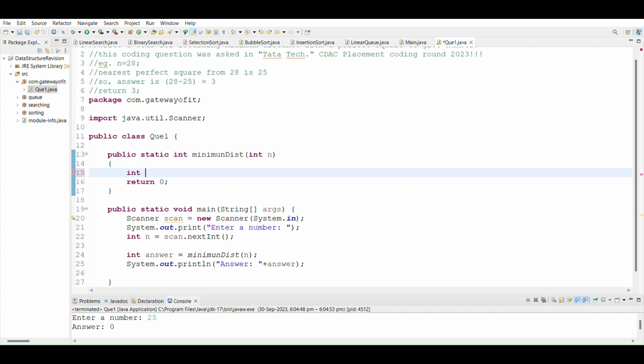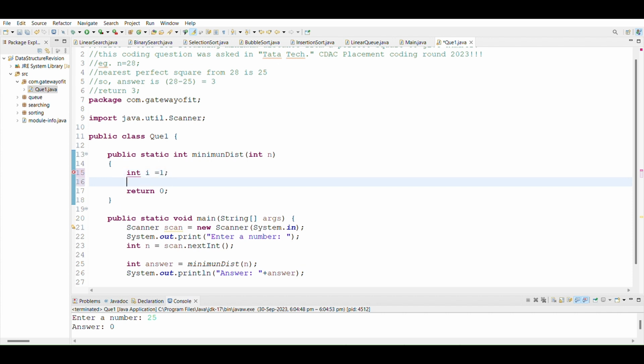So here I am taking an integer i equal to 1. I am writing a for loop with i from 1 while i is less than n, and I simply increment i.